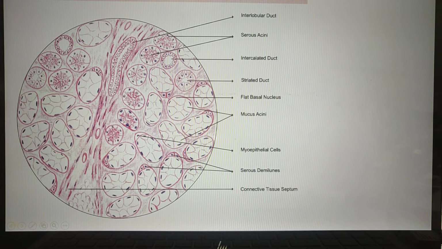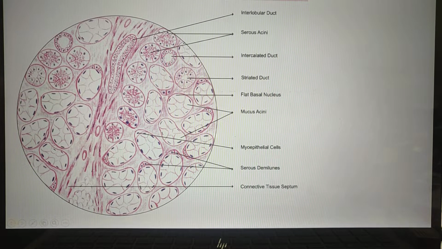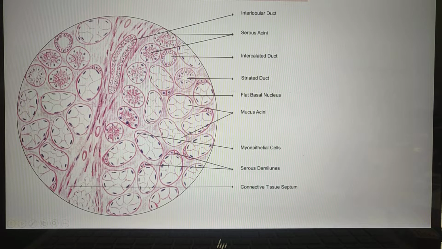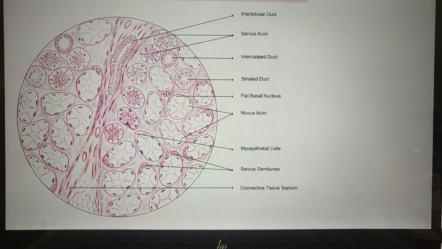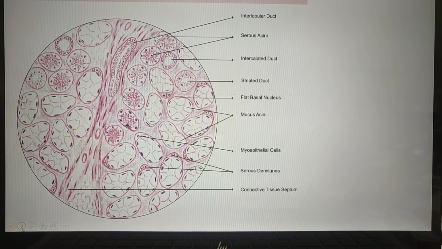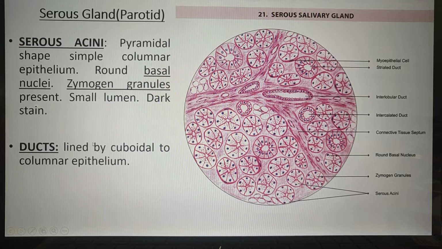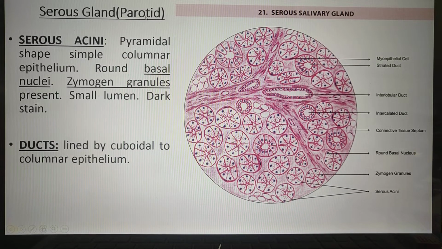The lumen is very narrow inside the serous gland, while inside the mucus gland the lumen is wider. This is the striated duct, this is the intercalated duct, and this is the interlobular duct present inside the mixed salivary gland. The best example is the submandibular gland.